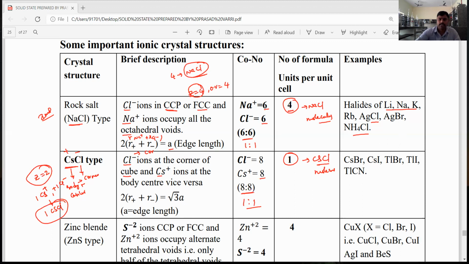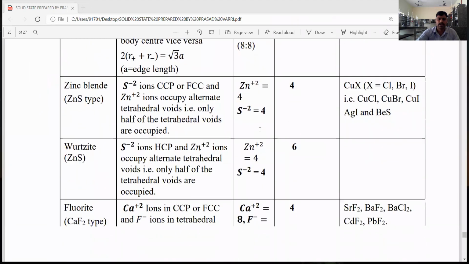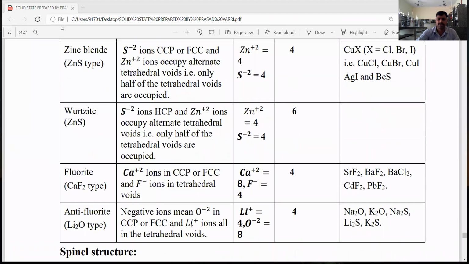Okay, and the next one is zinc blende. Let's see, dear students, zinc blende, ZnS. Here the molecular formula is ZnS only. In this ionic compound, the sulfide ions are present in an FCC structure, and Zn2+ ions occupy tetrahedral voids, because the number of tetrahedral voids is 2 into 4, which is 8.